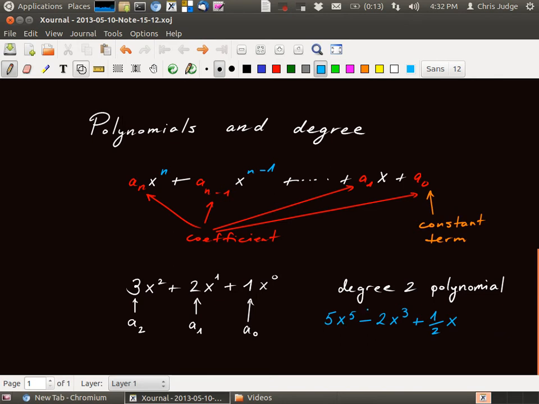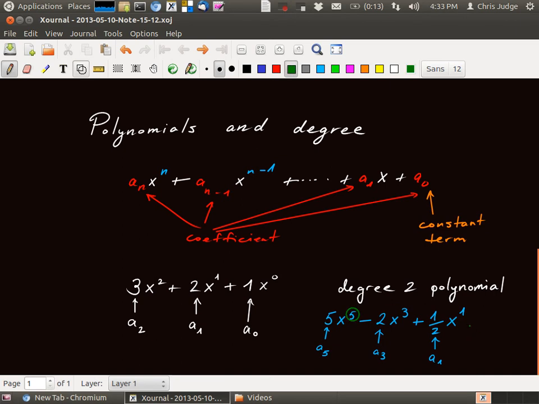Also, we don't have an x to the fourth term, and we don't have an x squared term. Here we only have odd powers of x. The coefficients are, well, this is a_5, this is a_3, this is a_1. Those are our coefficients. And the degree of this polynomial is the highest possible power, which is, in this case, 5.